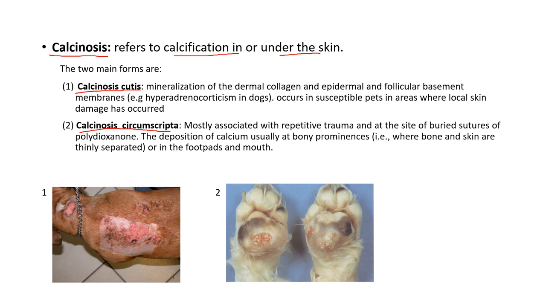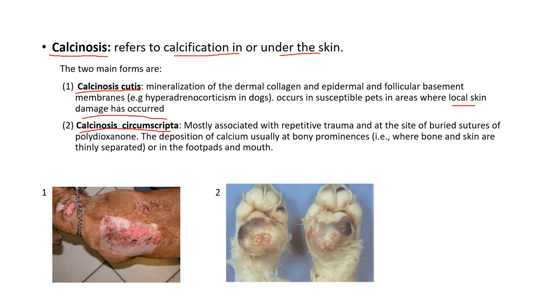In calcinosis cutis, there is mineralization of dermal collagen and epidermal and follicular basement membranes, and it happens in areas where local skin damage has occurred. You can see here there is damage in this area, and this leads to calcinosis.